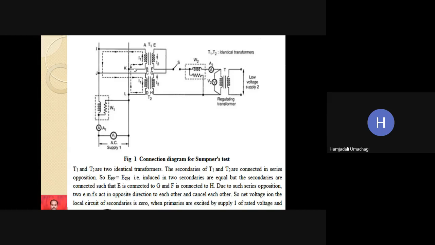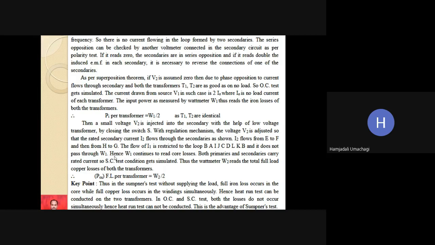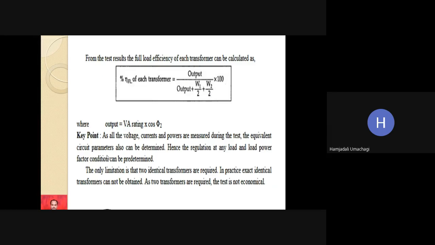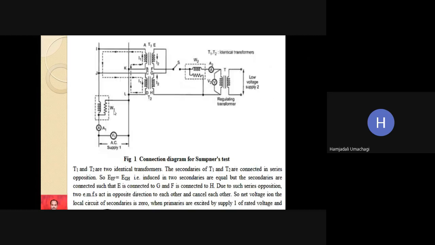So now you can see that it does not pass through W1. W1 means the wattmeter which is reading iron loss. So current I1 will flow only through this path. It will not flow through the other path. It means that W1 will read iron loss and A1 will read 2 times the no load current I0.